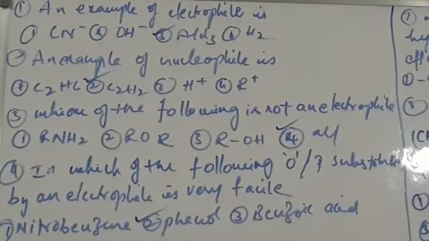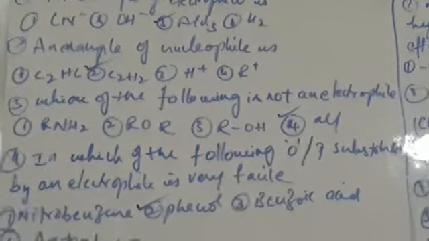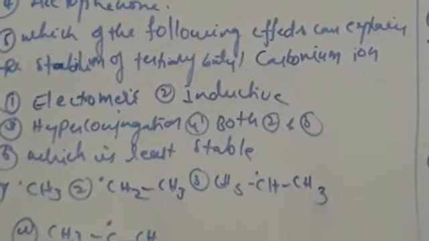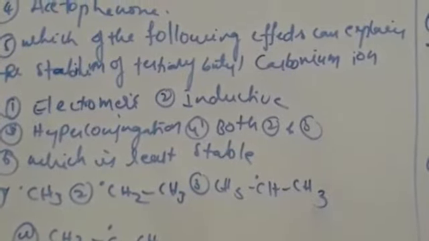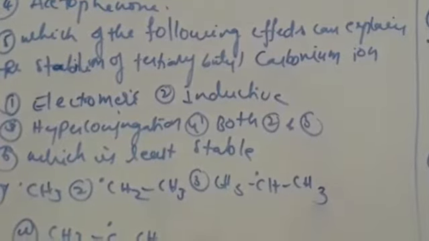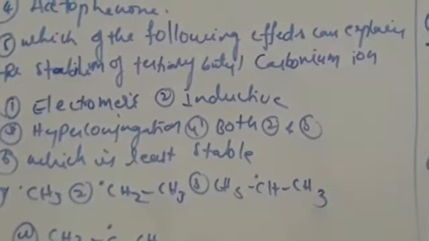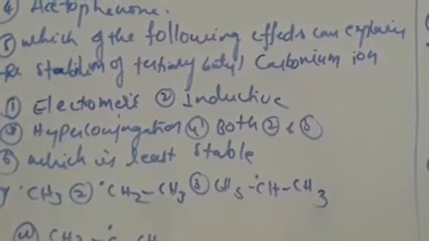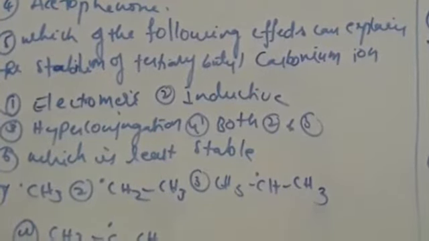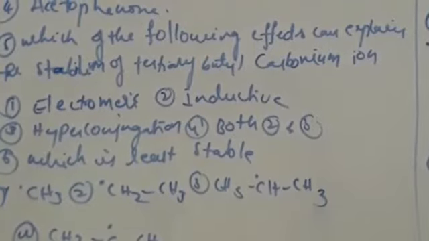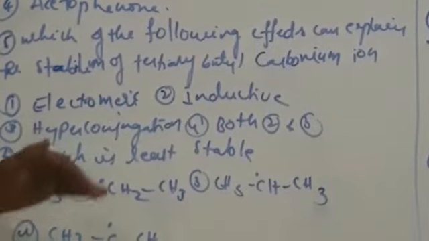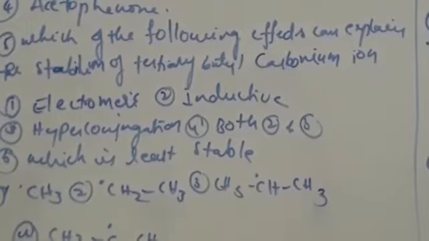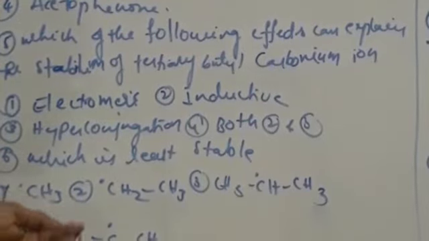Okay. Next, which of the following effects can explain the stability of tertiary butyl carbonium ion? Stability of carbonium ion. Carbonium ion is carbocation. So tertiary butyl, so tertiary carbocation. Tertiary carbocations easily undergo hyperconjugation.